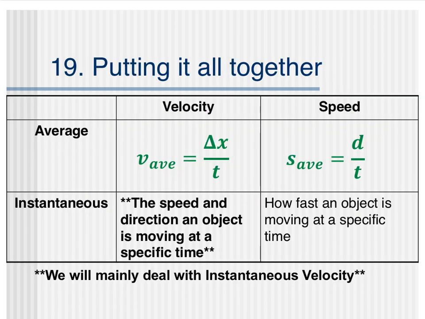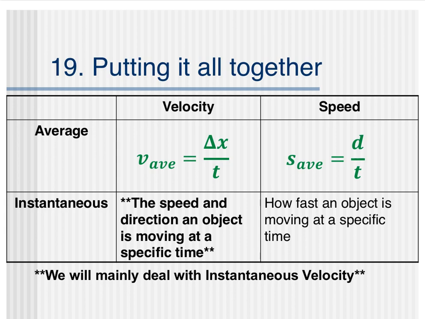So here we have a quick summary of what we were just talking about, looking at the difference between average and instantaneous and velocity and speed. As we said before, the instantaneous velocity is the speed and direction an object is moving at a specific time, whereas the instantaneous speed is simply how fast an object is moving at that given time without the direction.